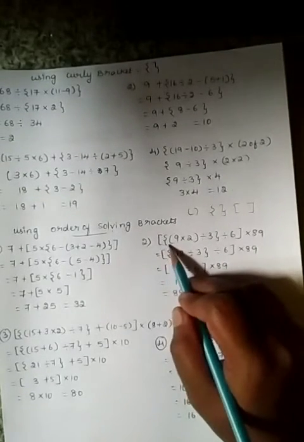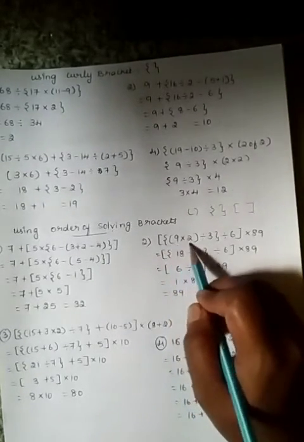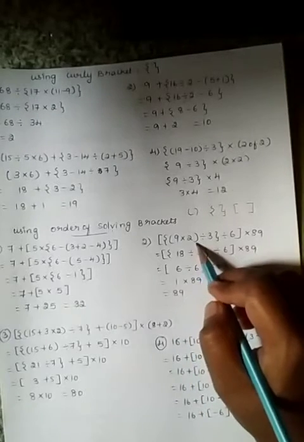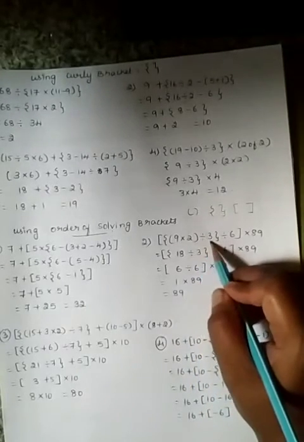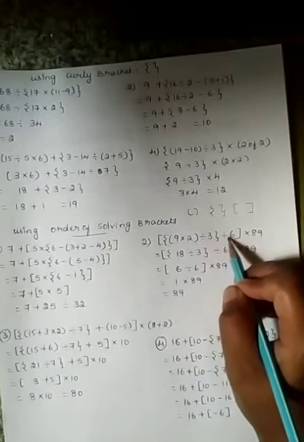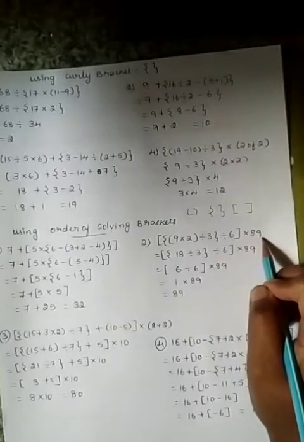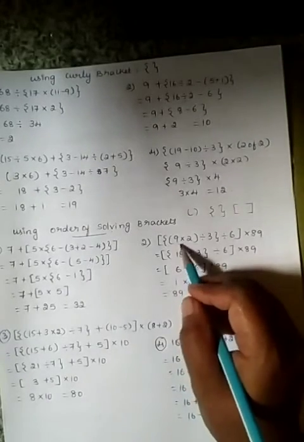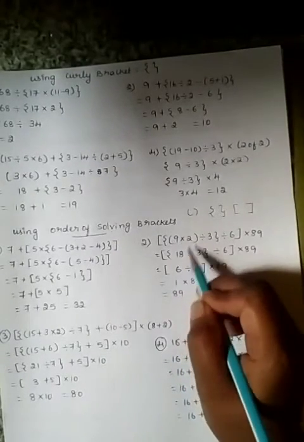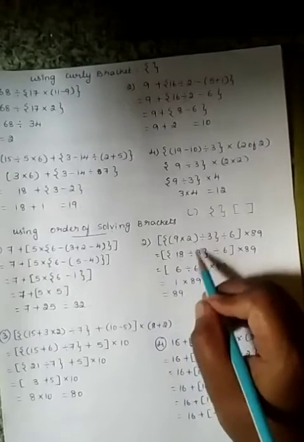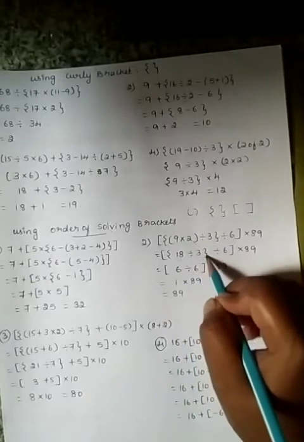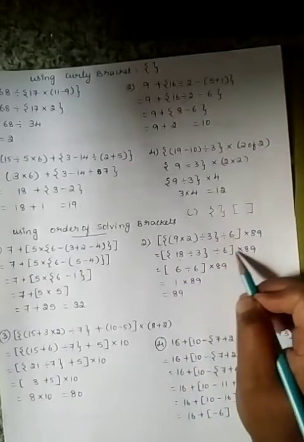Open all the three brackets first. Then 9 into 2 open the common bracket, close the common bracket, then divided by 3, close the flower bracket, divided by 6, close the square bracket, into 89. Okay, next first this you have to solve. 9 2s are 18, 18 divided by 3, then close the flower bracket, divided by 6 into 89.